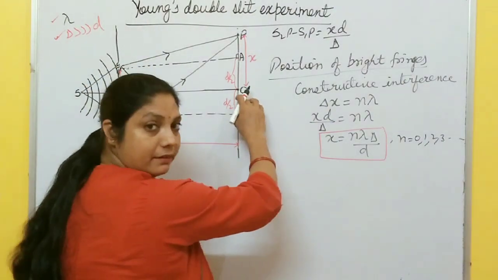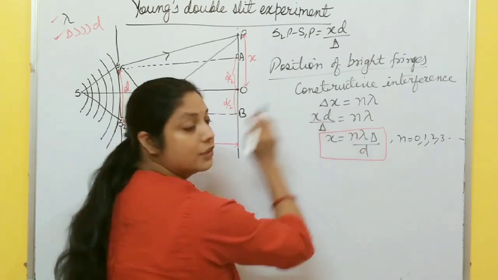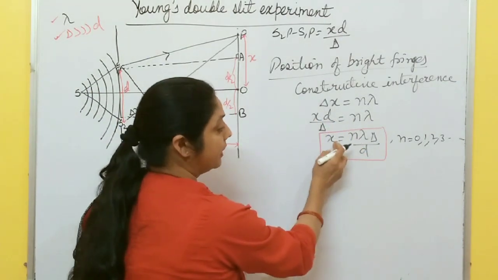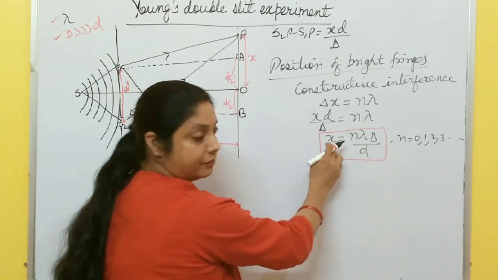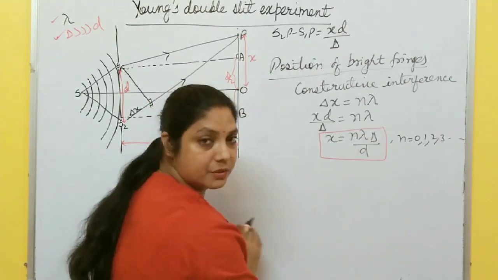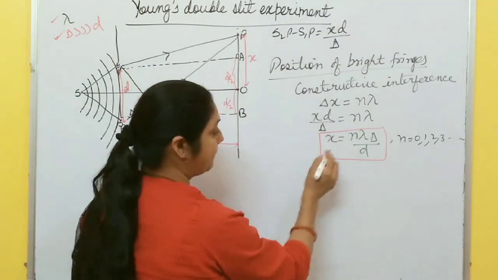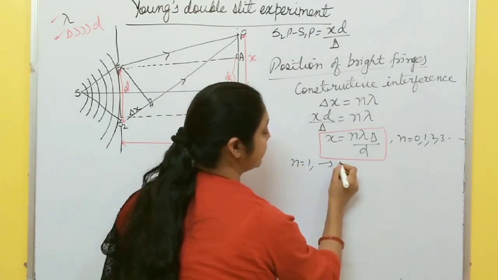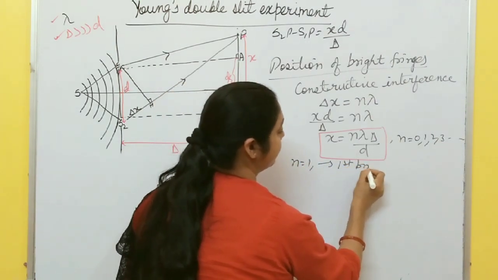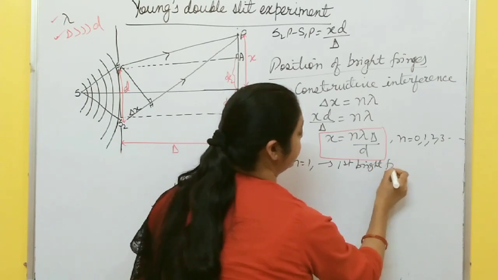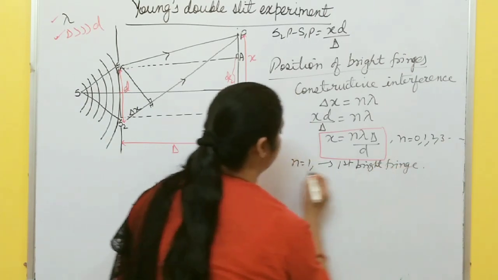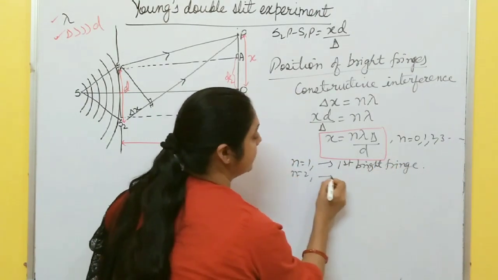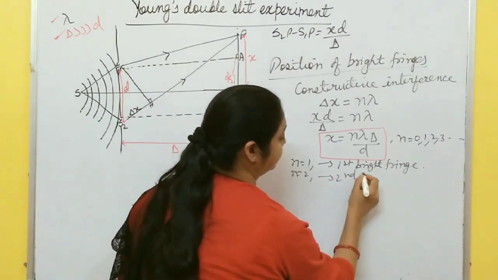This is the central maximum fringe. When n is 1, we form the first bright fringe. When n is 2, the second bright fringe is formed.